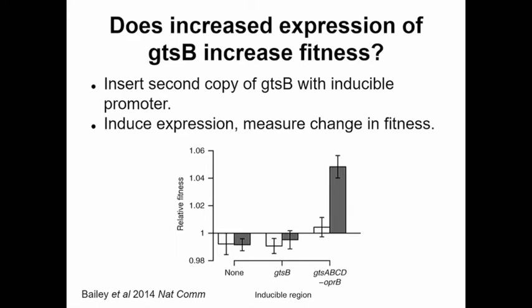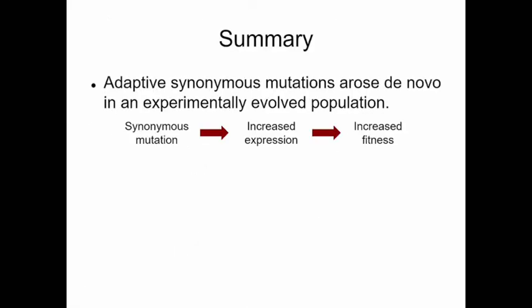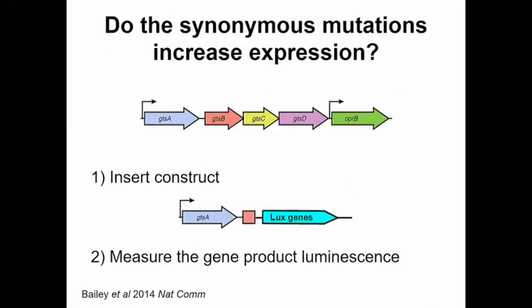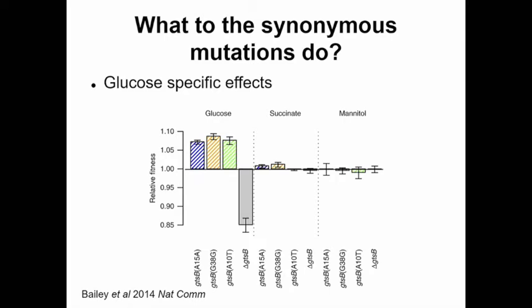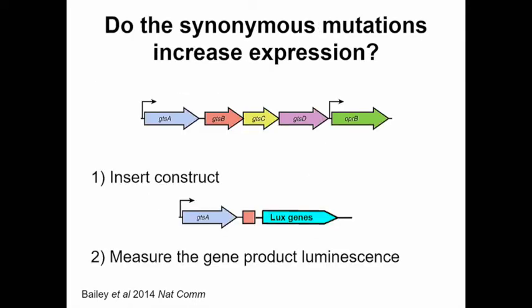I just wanted to go back to this guy. Whoops. Here, I just remind you that this is the operon here, and it's the gtsB gene where we have those changes. So it's not really clear why those mutations right here in the middle of this operon would, it looks like, be increasing expression across that operon, and then that is translating into increased fitness.